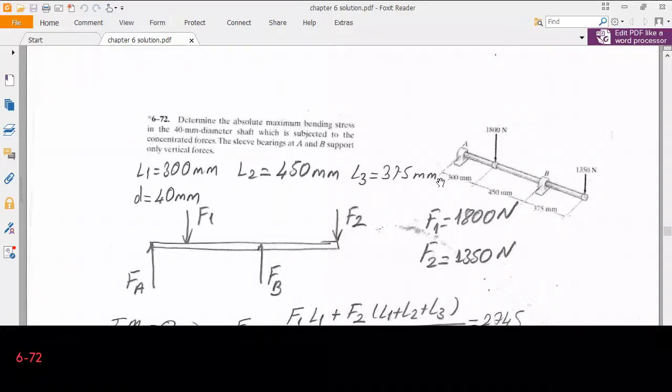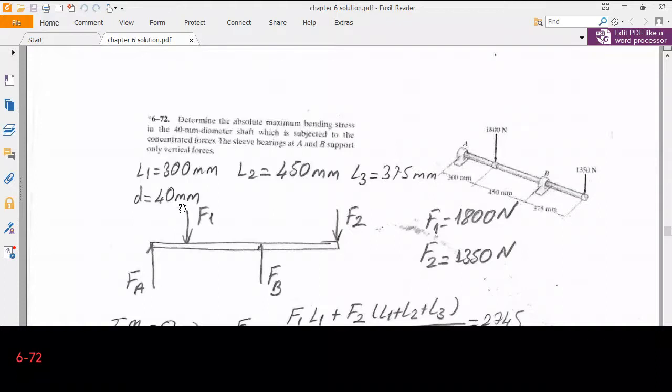Let's say that this 300 millimeters distance from A to the concentrated force as L1. Then we define 450 millimeters from this concentrated force to bearing B as L2. Then L3 will be from bearing B to the free end, which is 375 millimeters.